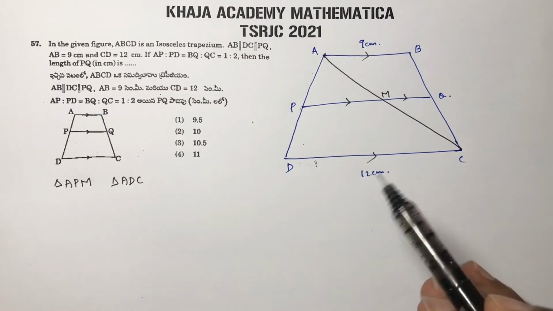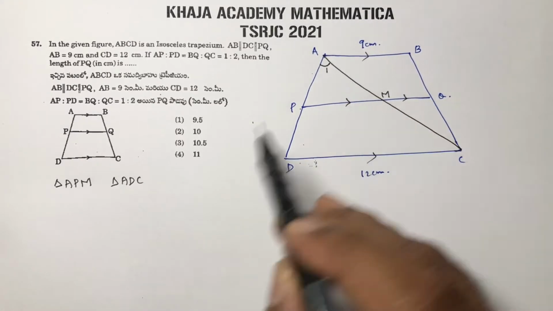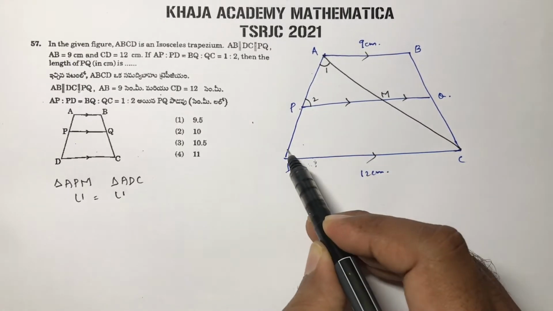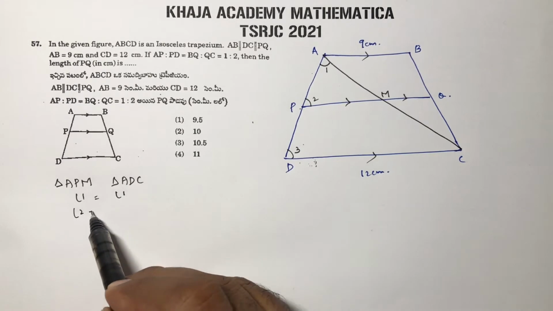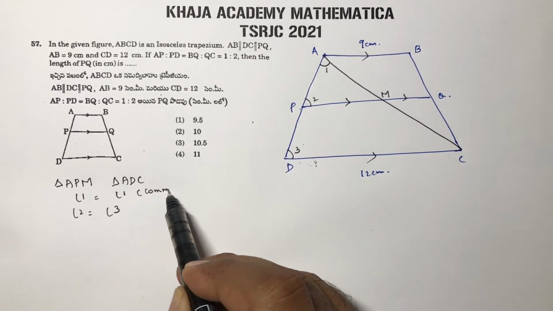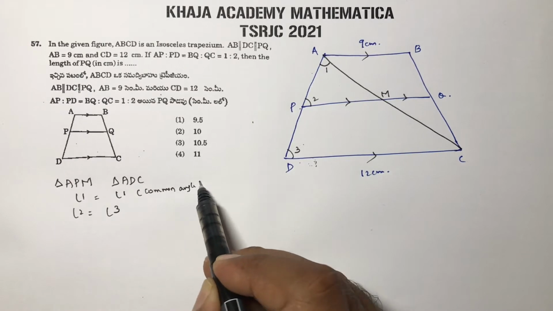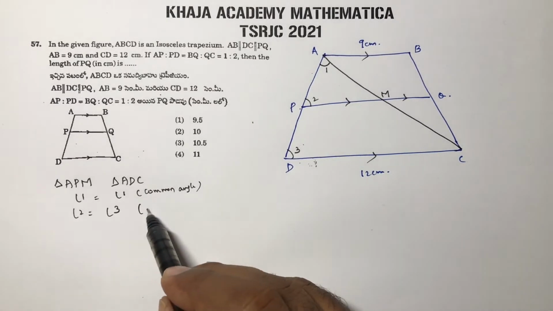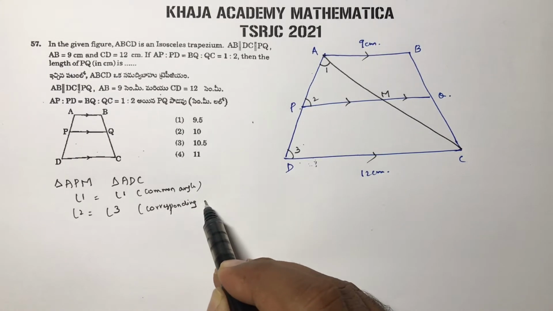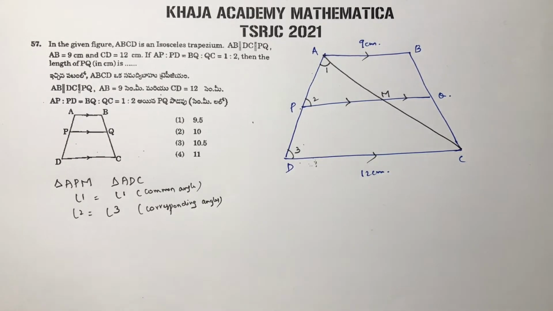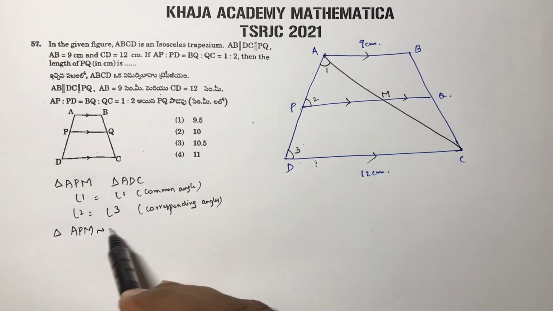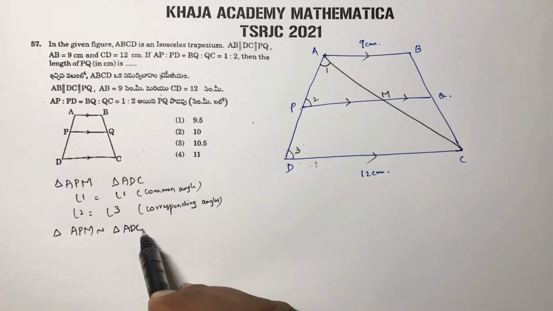See, this angle 1 is common, and angle 2 equals angle 3 because they are corresponding angles. So triangle APM is similar to triangle ADC.